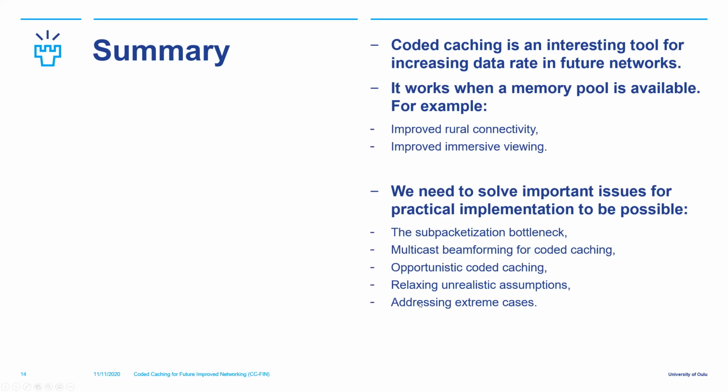And there are also other issues, relaxing unrealistic assumptions that are already there and addressing these extreme conditions. So coded caching is a great tool with notable research opportunity and many open problems to be solved. Thank you.